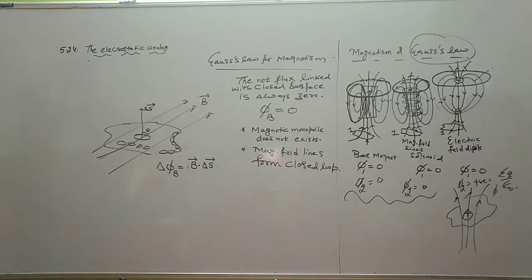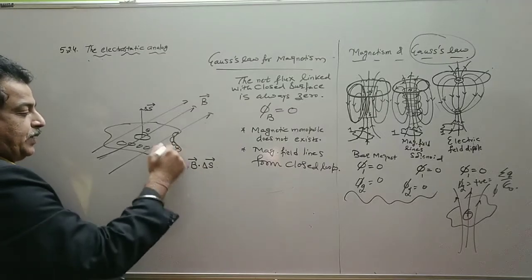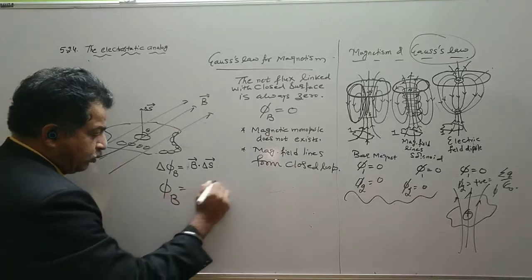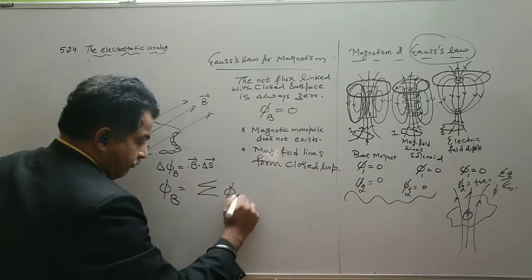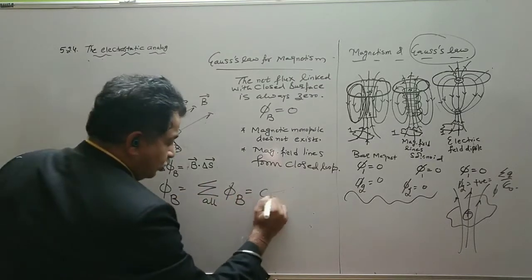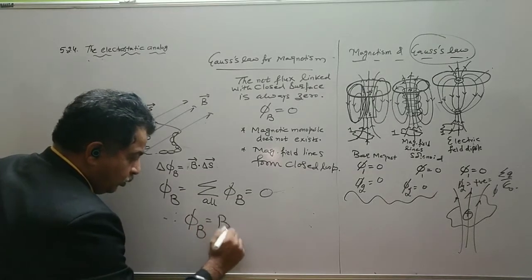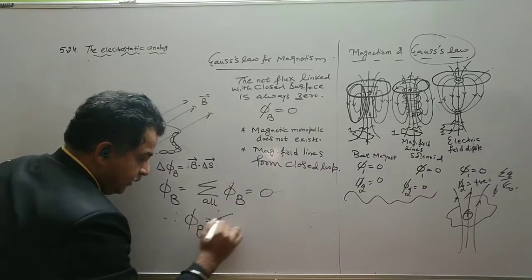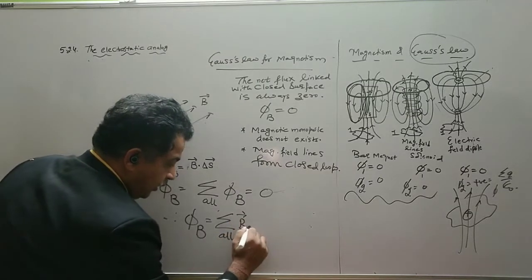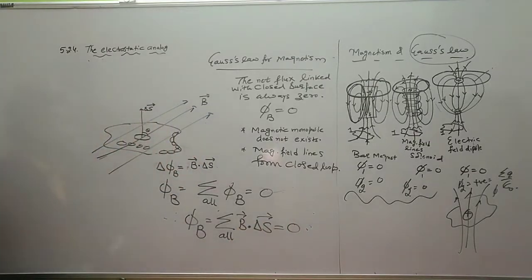Like this, you find out the magnetic flux for all the area elements, and the total flux will be equal to the summation of phi B over all elements, and it comes out to be zero. Therefore phi B is equal to the summation of all the elements B dot delta S is equal to 0.